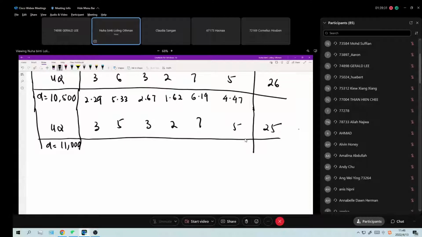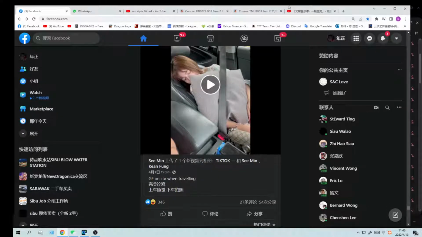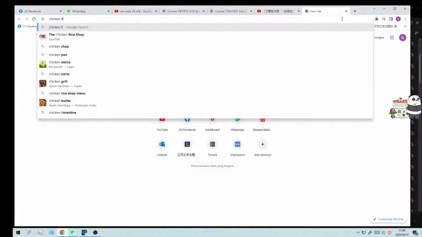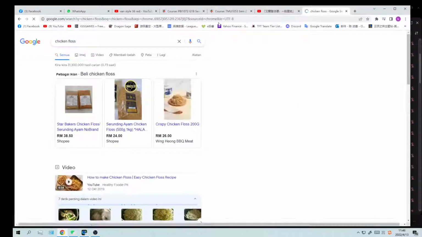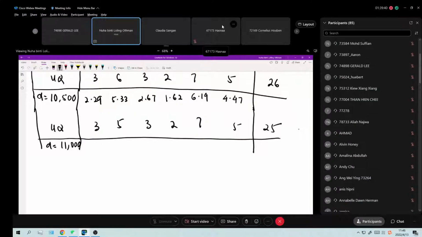In your assignment, okay, because it's very near, so I just assume you plus minus with 50, not far. Let's say that you guess 10,500 here, and then you guess with 10,550, or this one 10,500.